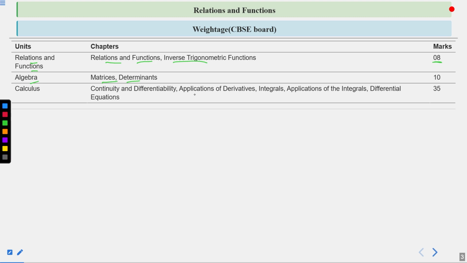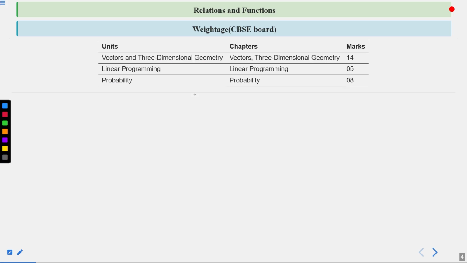Algebra, matrices, determinants, 10 marks. Calculus, continuity, differentiability, integrals, derivatives, application of derivatives, 35 marks. 3D vector 14 marks, linear programming 5 marks, and probability just 8 marks. So you have seen that the main part is the calculus part.